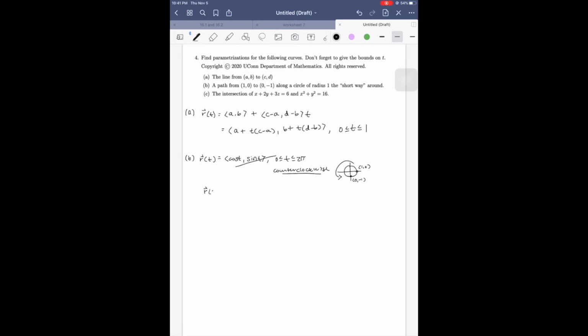So what we can do is have cosine of t and negative sine of t with our bounds between, instead, 0 and pi over 2. This gives us the quote-unquote short way around, going clockwise.